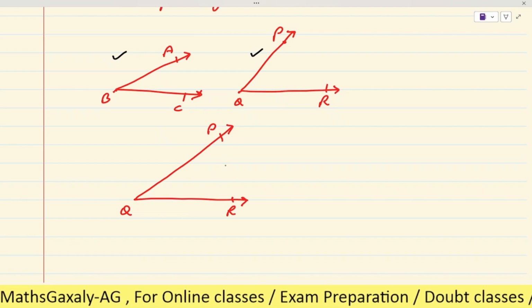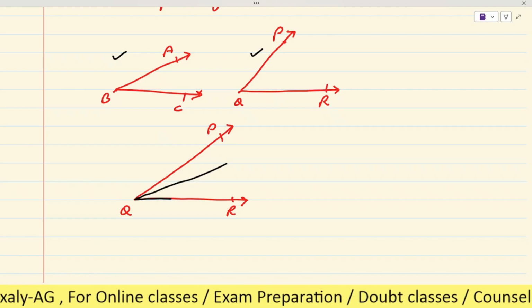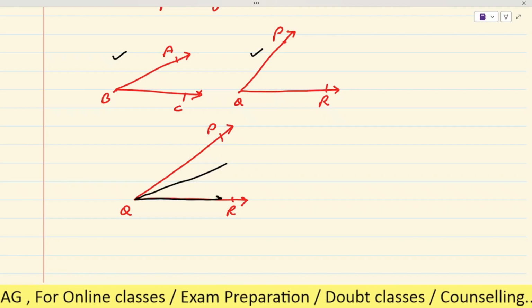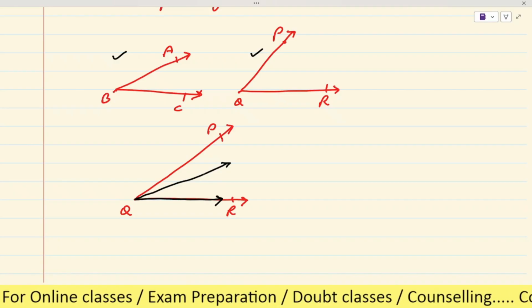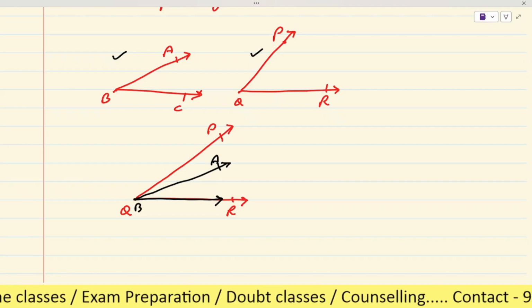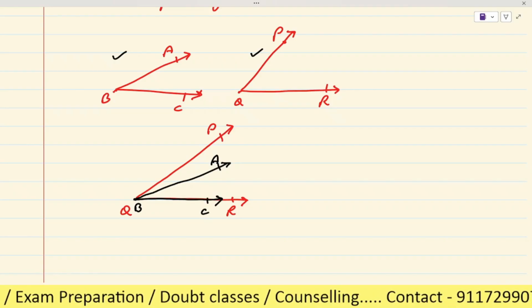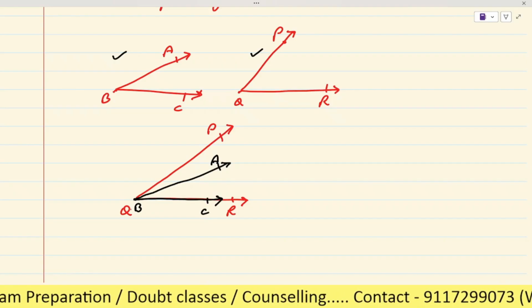It will be like this. Is it clear now? Here it is A, here it's B, and it's C. In this way, Q and B become the same common point.